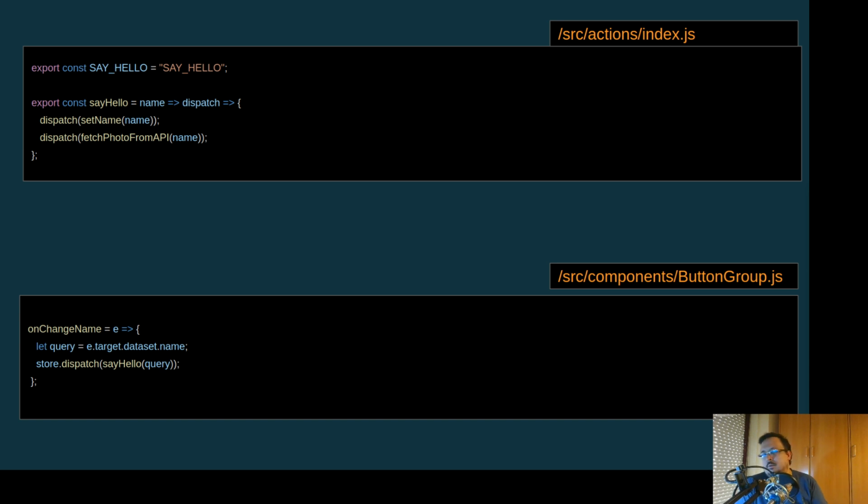So you can see all the examples of how to build things, and inside of this sayHello name, and as you see, it's called sayHello. And inside of here, we just set name, and afterwards we fetch photo from API. Okay.